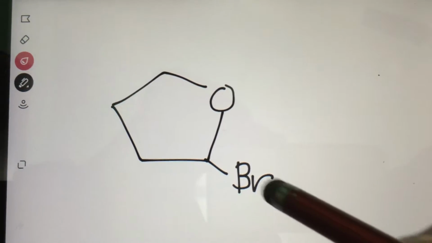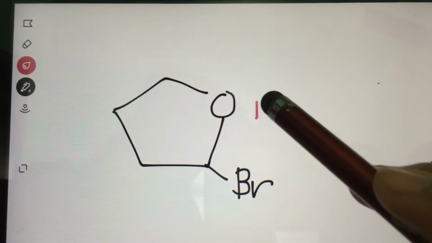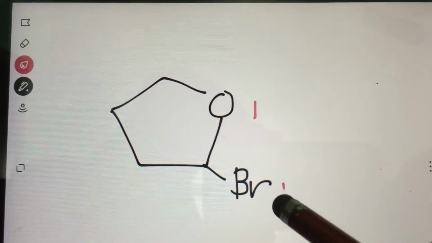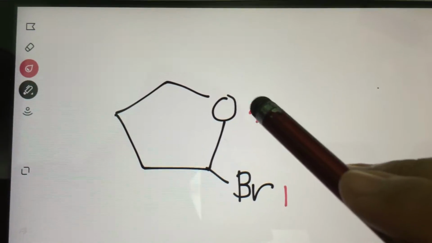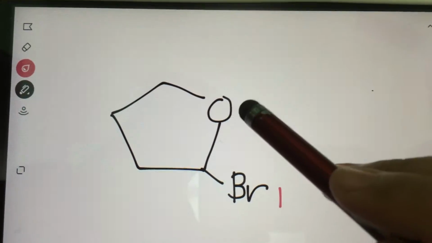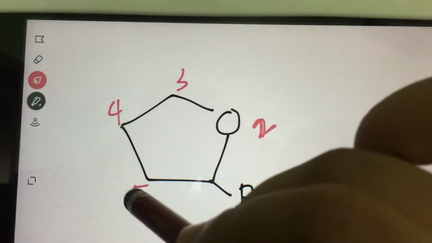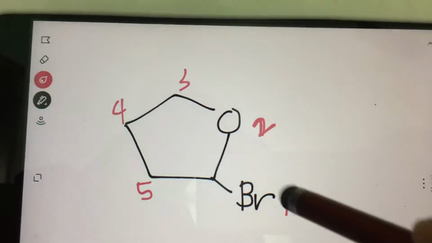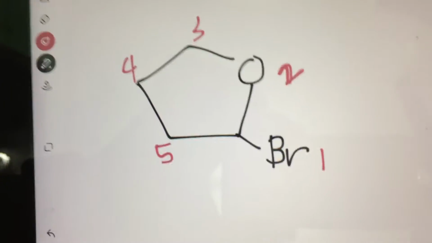So therefore, if we will name this, okay, we will put number 1 on your bromine kasi ito yung first in the alphabetical order, and then 2 kasi yun ay oxa. Okay, so we will number this 1, 2, 3, 4, 5. So carbon 1 bearing your bromine.